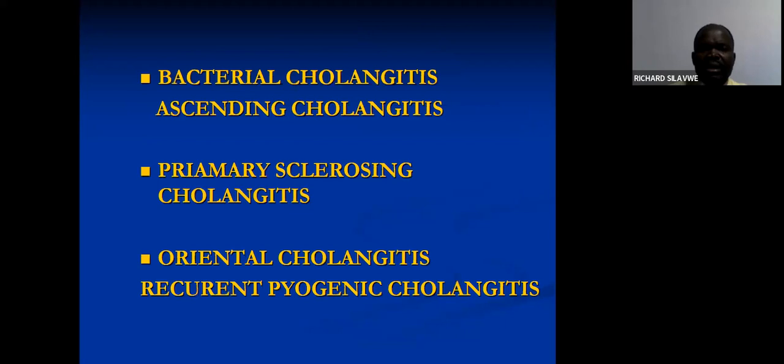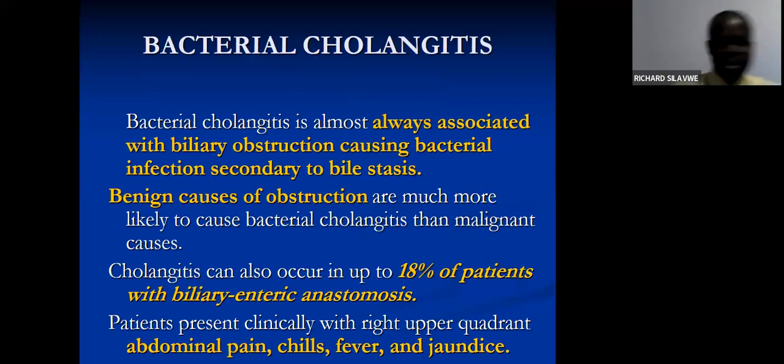Cholangitis. We have bacterial cholangitis, ascending cholangitis, primary sclerosing cholangitis, oriental cholangitis, recurrent pyogenic cholangitis. So these ones are things that are caused by bacteria.